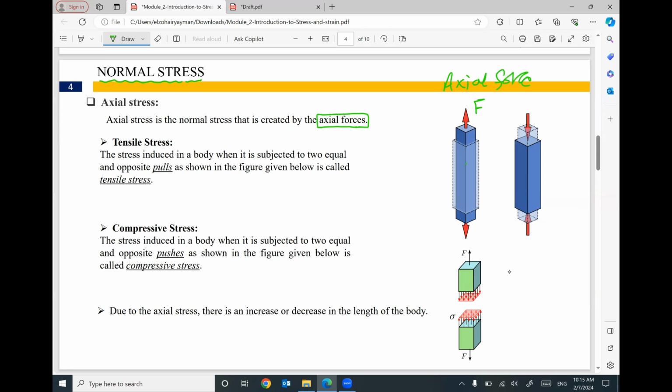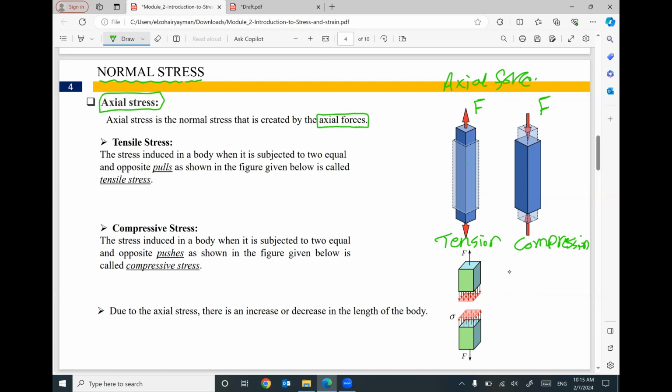Axial means the force parallel to the axis of the member. Sometimes this force is tension. Sometimes this force is compression. So these axial forces will create normal stress, and this normal stress can be called axial stress.